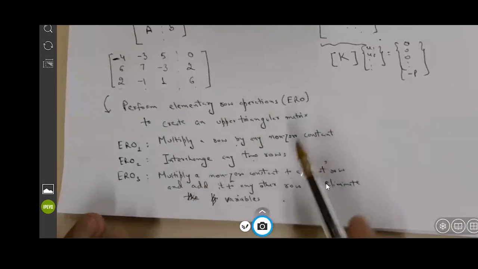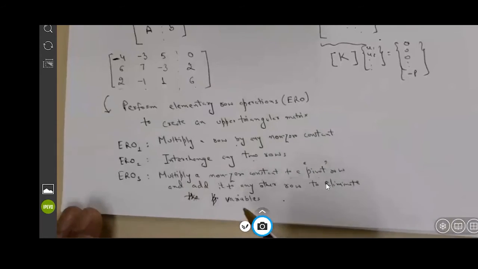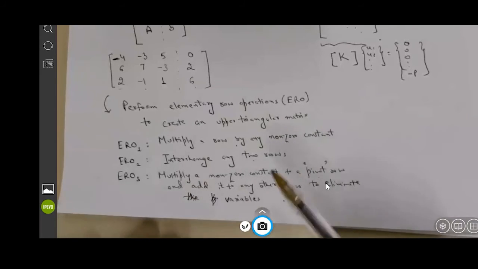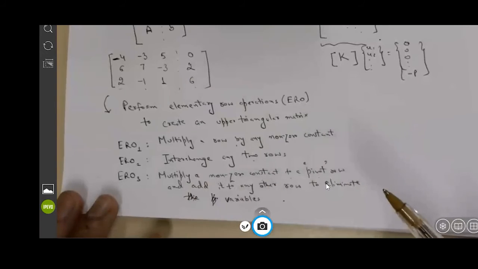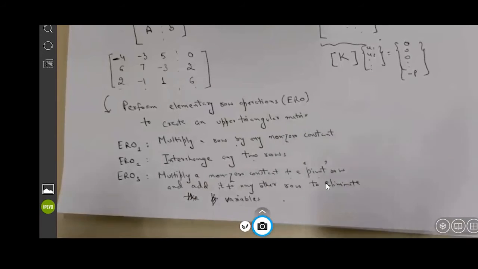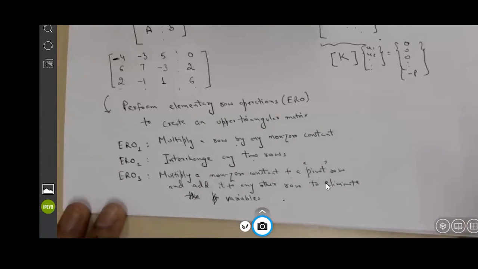Before I go through this, what you learned in chapter number 8 is just simple Gaussian elimination, but here we are combining those discussions with the numerical techniques, which is what we were learning in chapter number 11.